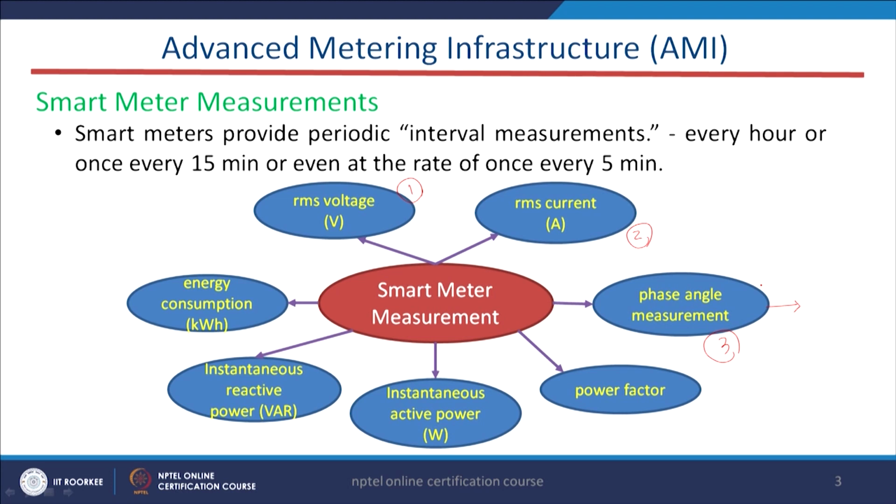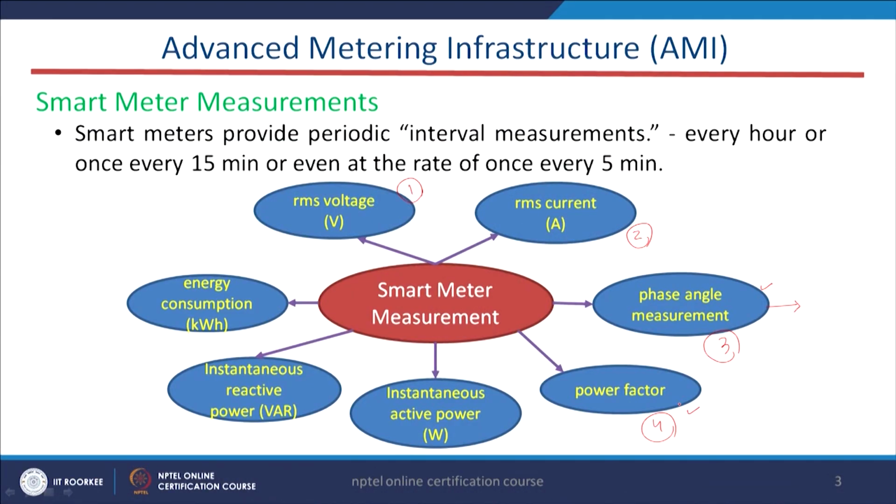This phase angle is also measured with the help of the smart meter. The fourth one is the power factor, which is very important for us. As far as the customers are concerned, the power factor has a great meaning. This power factor can also be measured with the help of the smart meter.